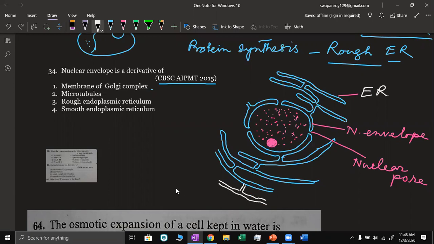On one side it touches the cell membrane, the other side it touches the nuclear membrane.